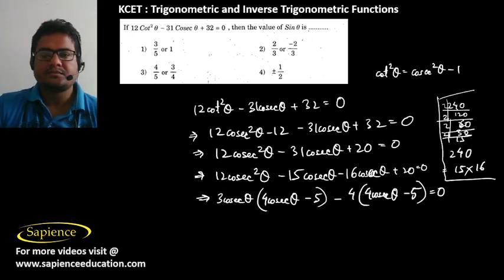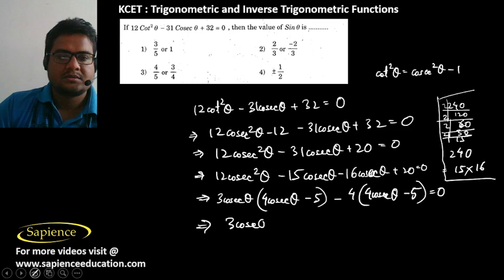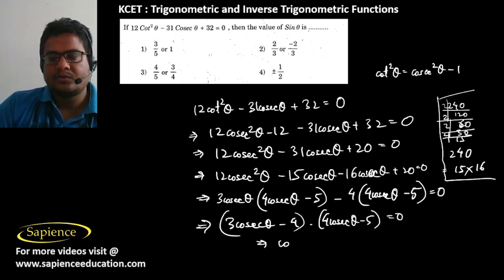So this will be equal to 3 cosec theta minus 4 into 4 cosec theta minus 5 equal to 0. So therefore cosec theta can be equal to 4 by 3 or 5 by 4.